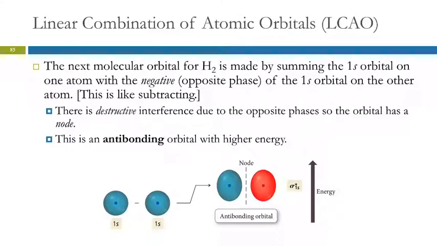The next molecular orbital is made by summing a 1s orbital with a positive phase and a 1s orbital with a negative phase. So basically it's like destructive interference. And when we do that, you could also think of this as subtracting rather than adding the orbitals. Then we get something that looks like this. There's a node in the middle, and one side has a positive phase and one side has a negative phase.